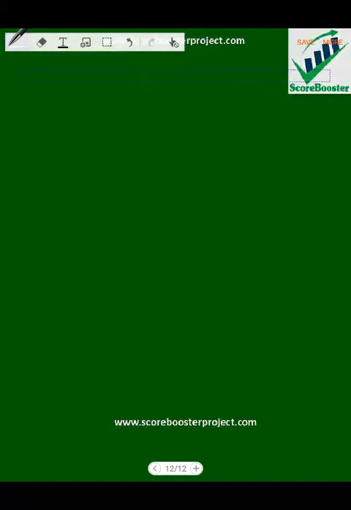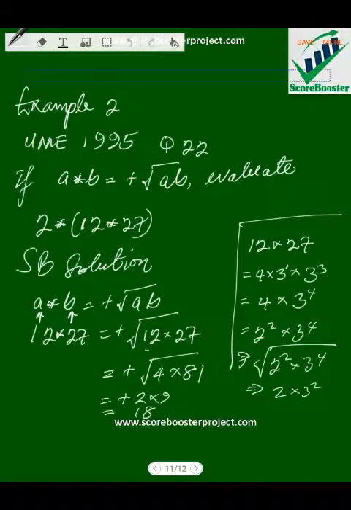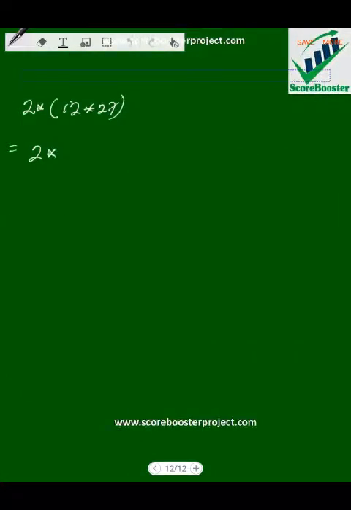So I can rewrite now. I'm going to have 2 star 12 star 27 is equals to 2 star 18. Again, don't forget your formula is A star B is equals to square root of AB.